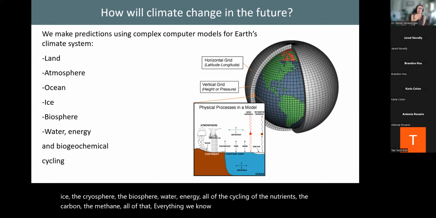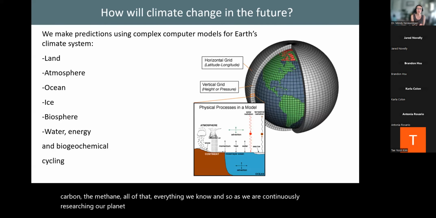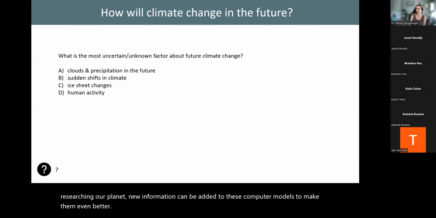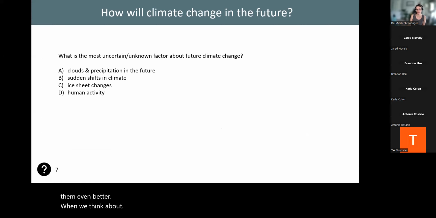And as we are continuously researching our planet, new information can be added to these computer models to make them even better. When we think about future climate, what is the most uncertain or unknown factor about future climate change?